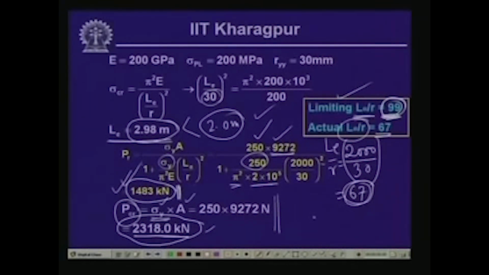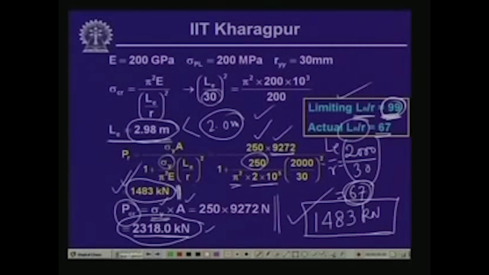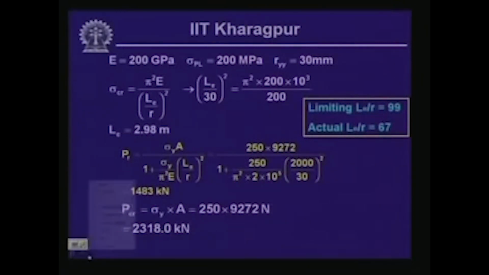So, the maximum load that we can apply is equal to 1483, so that the member does not fail either by buckling or by yielding or in combination of the two. So this is the limiting load in this particular case.